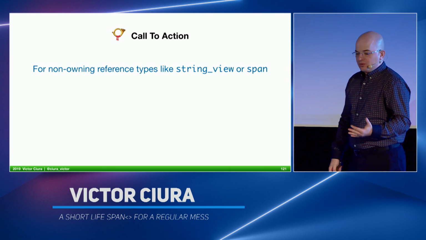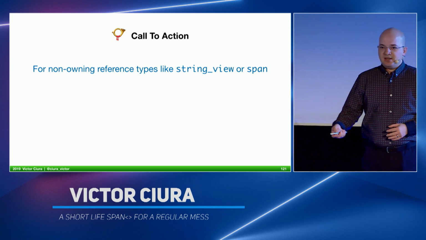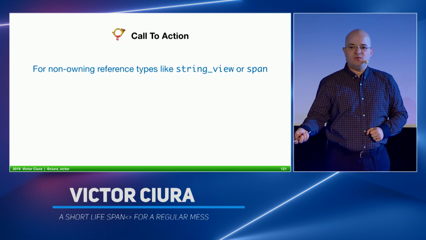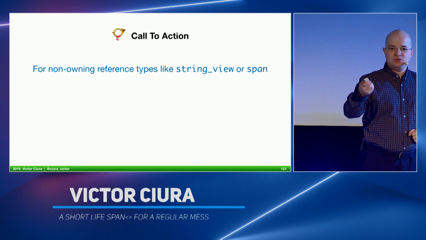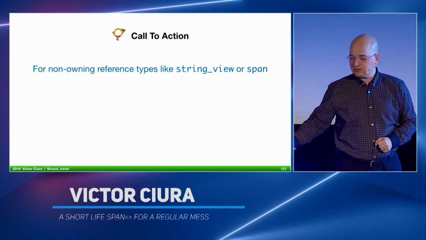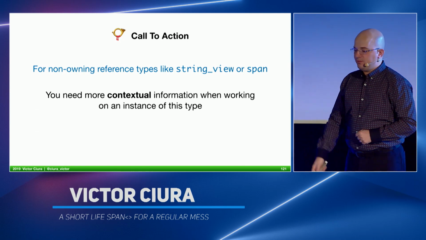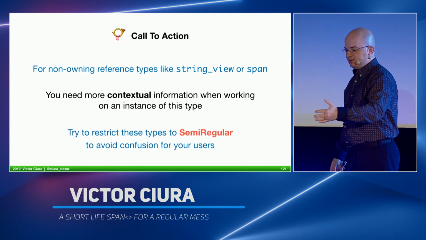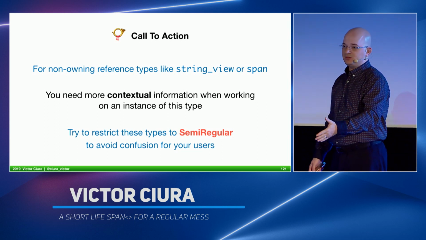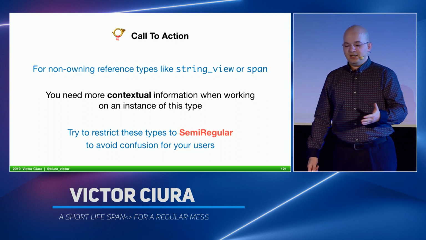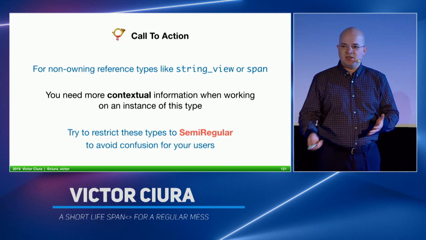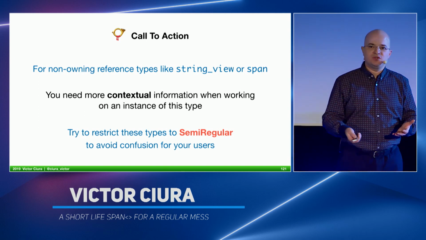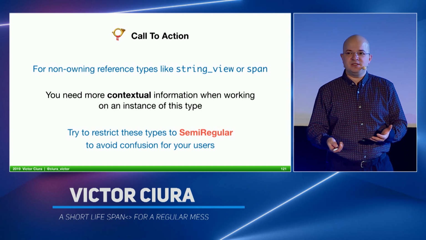So for non-owning reference types like string view and span, because we have those and we're going to see more of those, and maybe you're designing your own things like those, you need contextual information. We're working with them, so learn from the span story that I just told, and try to restrict those types to be semi-regular to avoid confusion for your users, to meet the expectation.